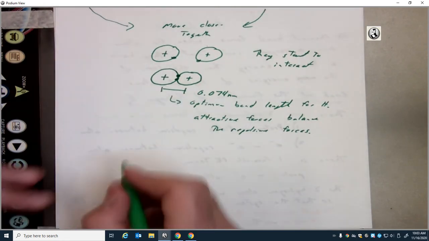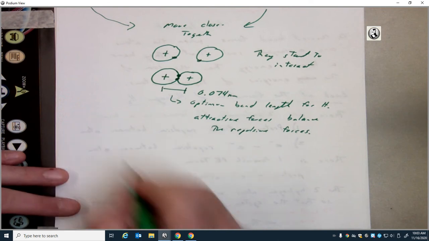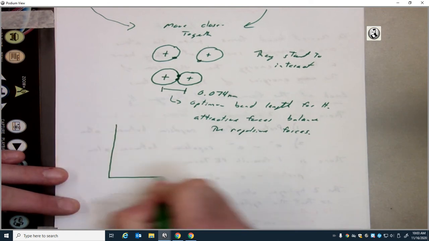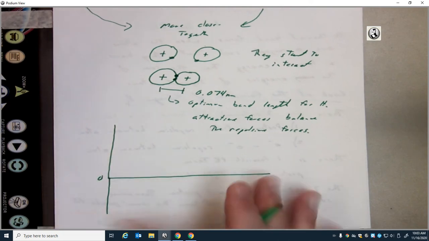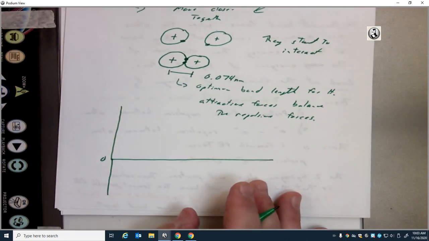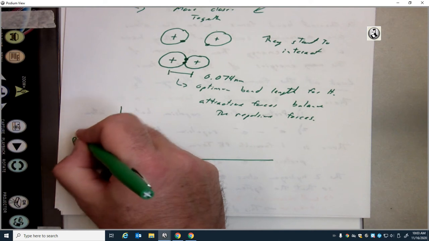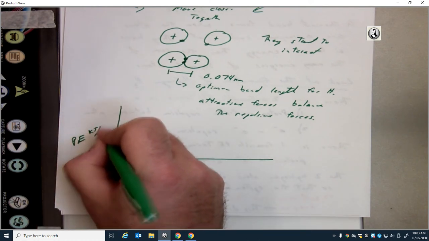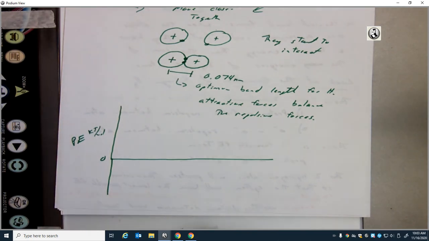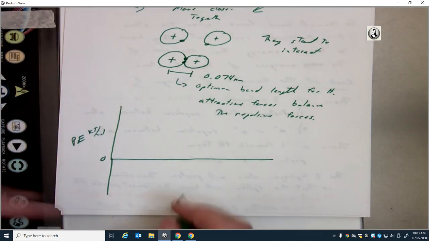Now we can actually graph this. This is going to be PE. This is 0. Usually this is in kilojoules per mole. And this is going to be internuclear distance down here.